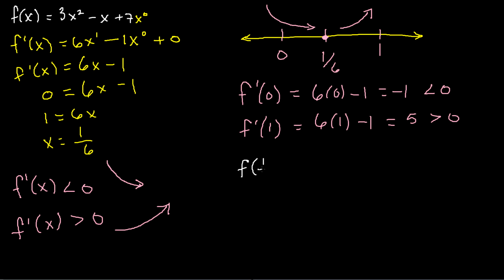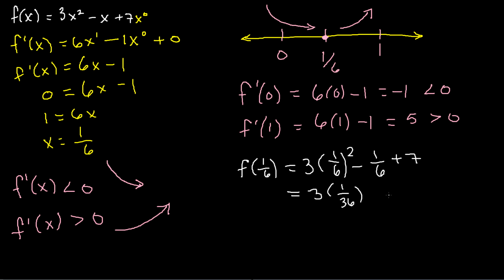So f of 1/6 is going to be equal to 3 times 1/6 squared minus 1/6 plus 7. And that is going to be equal to 3 times 1/36 minus 1/6 plus 7. This one is going to simplify to 1/12 minus 2/12 plus 7, which is equal to 6 and 11/12.